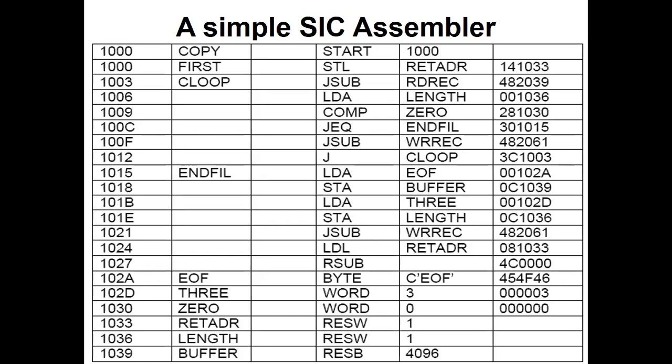So you can see that the machine language instruction for STL RETADR is 141033. That is the machine language, because we need only the opcode and the address. The opcode is 14. The address of the operand is 1033. Therefore, the machine language for that instruction is 141033. Is it okay? Yes. Any question about that?